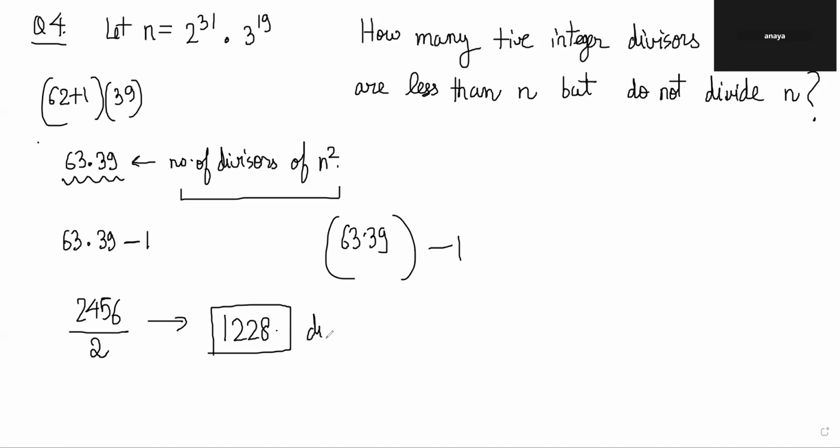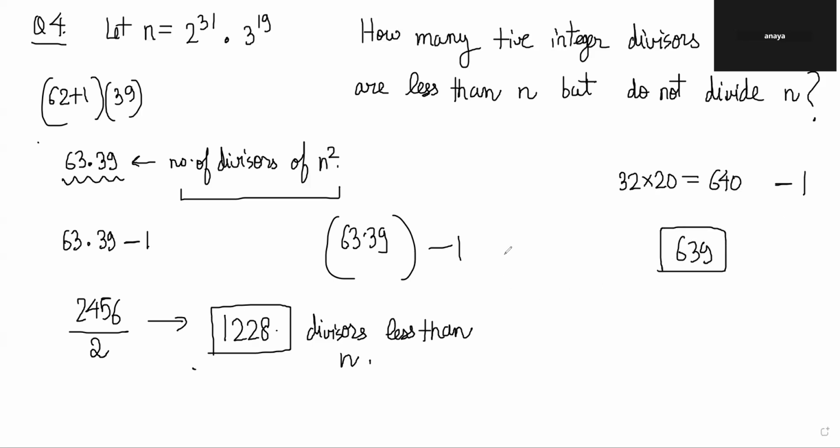So then when you do the number of factors of n, you do 32 times 20. You get that, but then you also subtract 1 from that, because of n itself, because you don't want n in it. So then you get 639 and then you subtract it from the 1228.